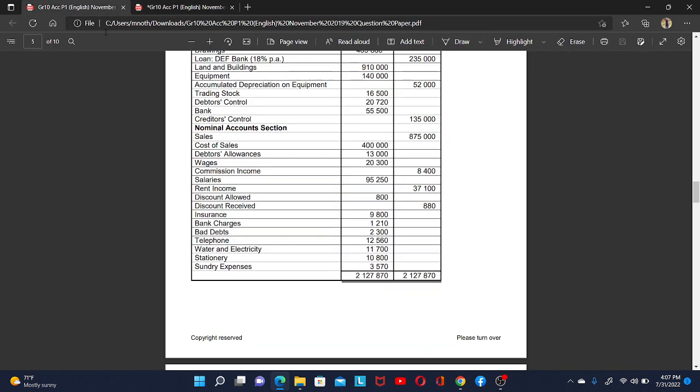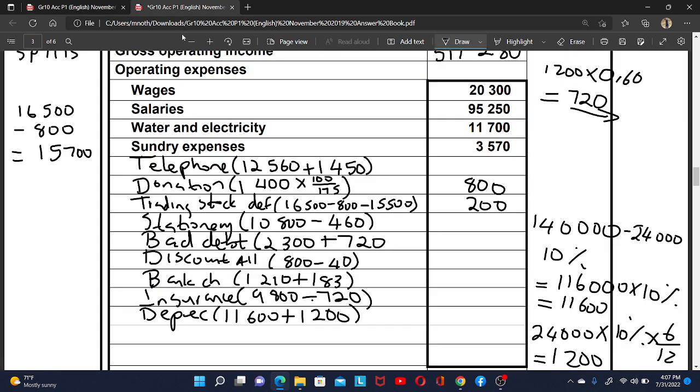Now the sundry expenses. Okay. Stationery is 10,800 minus 460. The answer is 10,340.